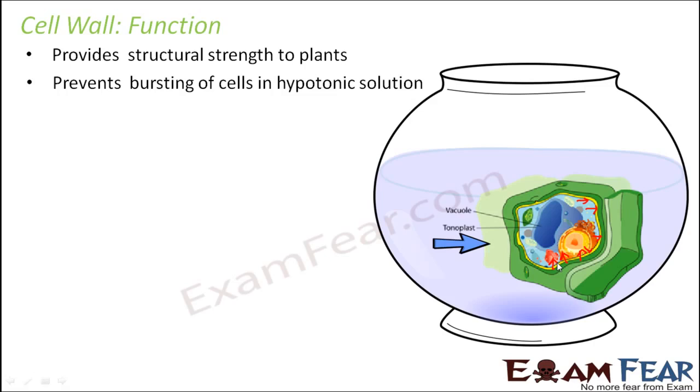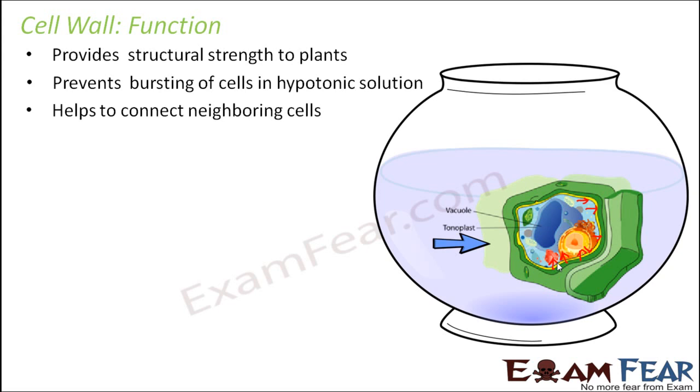Therefore, the plant cell will be able to withstand greater changes in surroundings. Due to the presence of the cell wall, plant cells can withstand greater changes in surroundings when compared to animal cells. Because if you put an animal cell in the same situation, the cell might burst because it does not have the cell wall. But in case of plant cells, due to the presence of cell wall, bursting in hypotonic solution might be prevented.